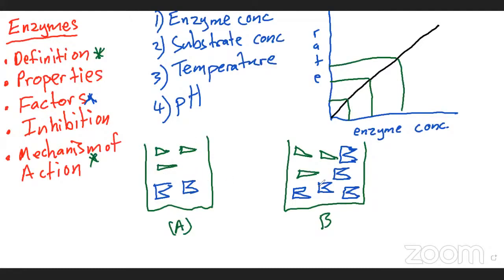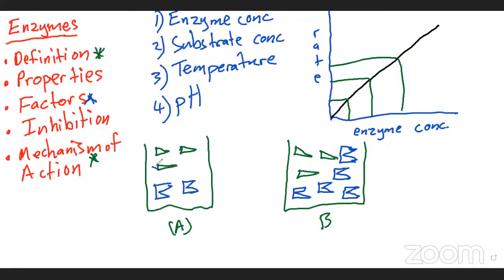So as you increase enzyme concentration, the amount of collisions that are taking place is going to increase. All right. And so the rate will increase. Also, if you look at this, you only have 2 enzymes here. You have more substrate than enzyme.